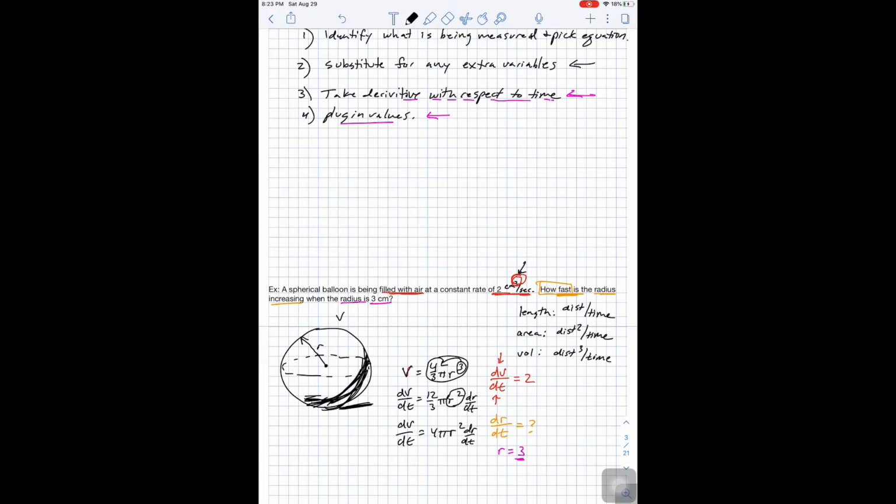And that actually happens in polynomials too. Let me just pause with this for a second. When you have y equals 3x squared plus 2, and you take the derivative of y with respect to x, the derivative of this is 6x, times the derivative of x with relation to x.